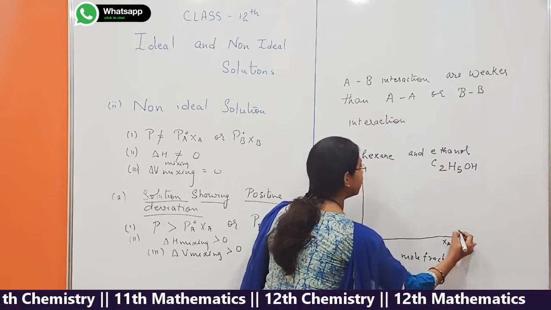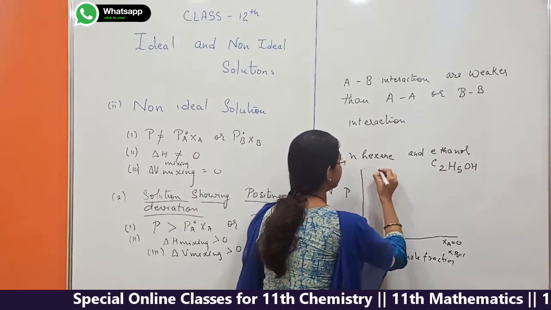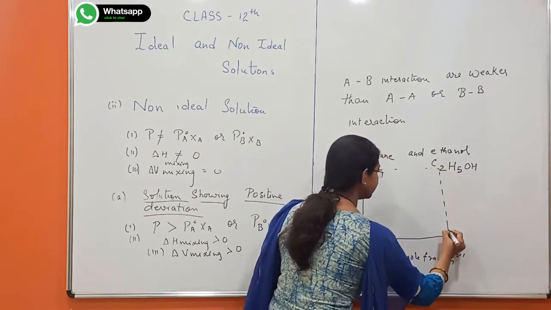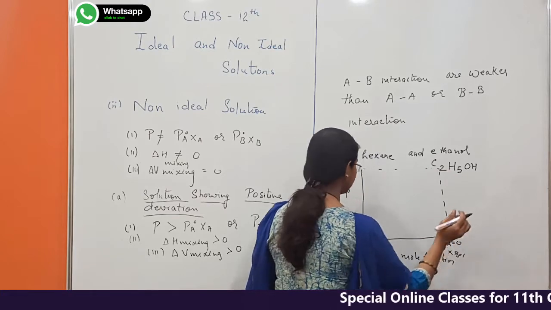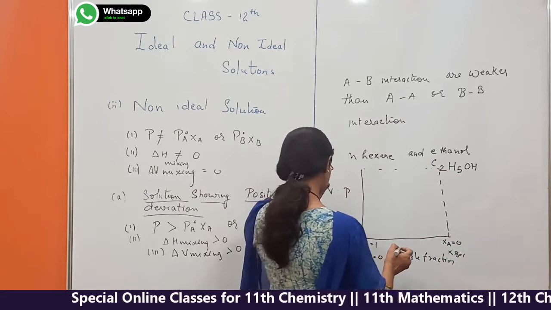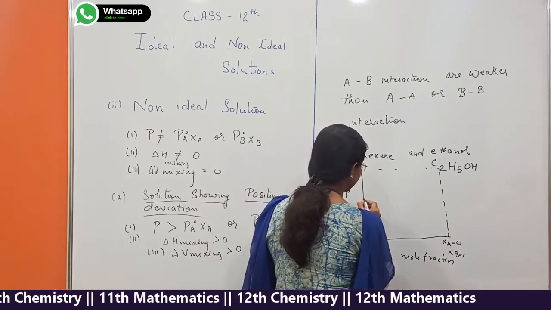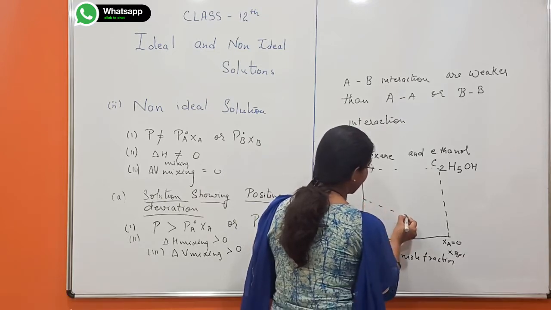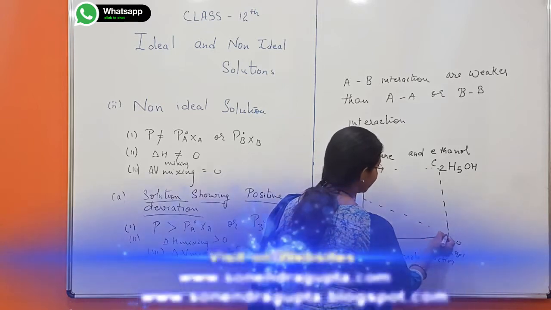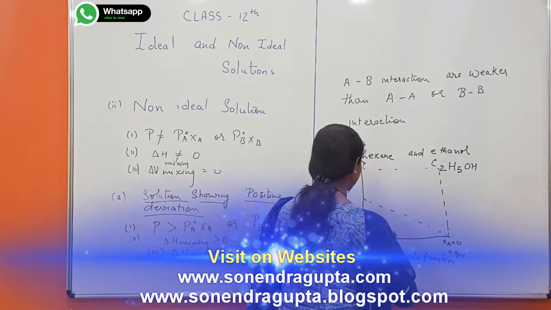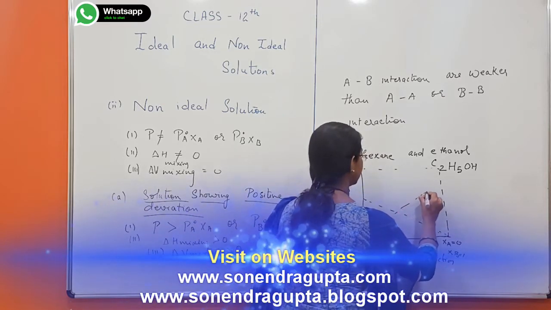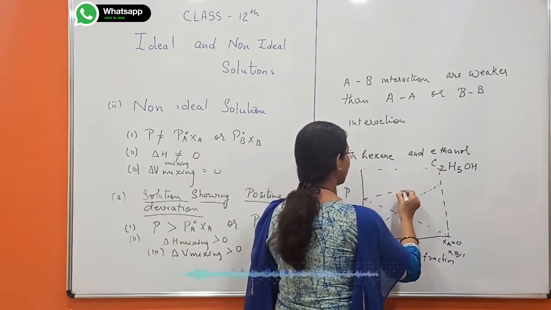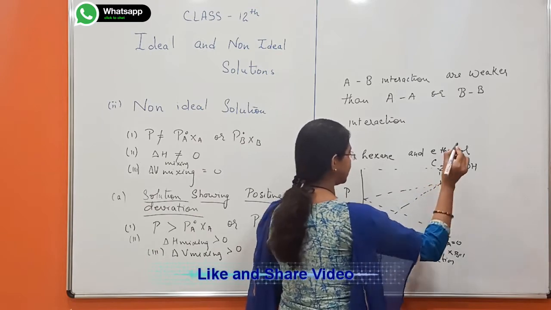Now, you join this one like that. One line will move like this. I am showing the ideal line with the dotted one. This is the graph of the ideal solution.